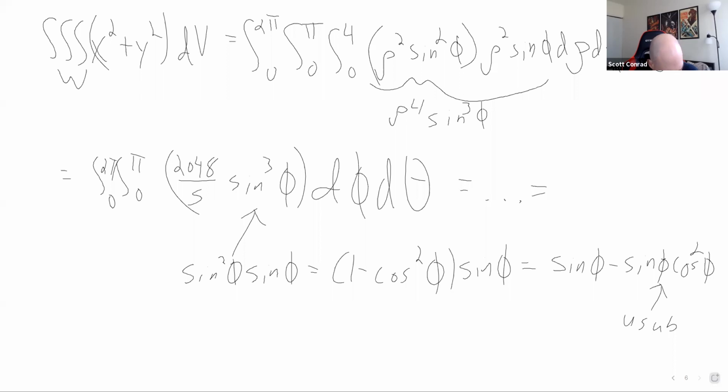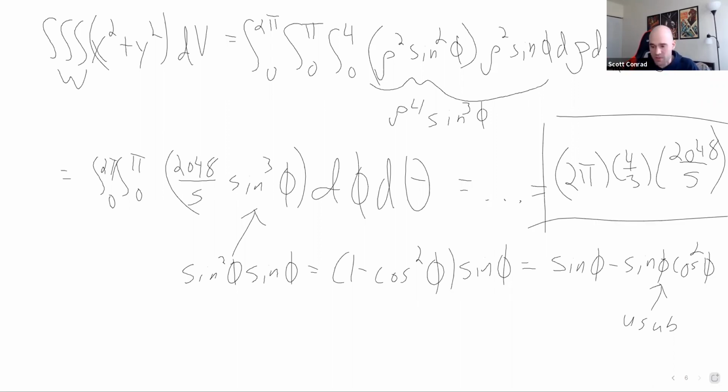So at the end, we should get just 2 pi times 4 over 3 times 2048 over 5, whatever that is simplified.